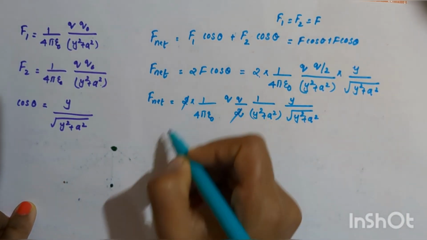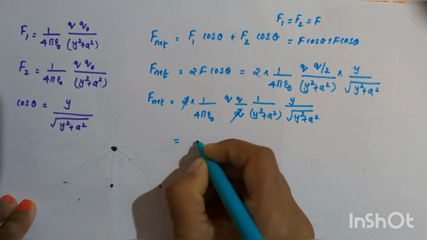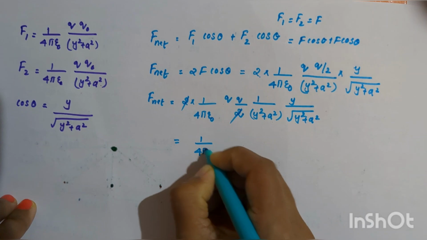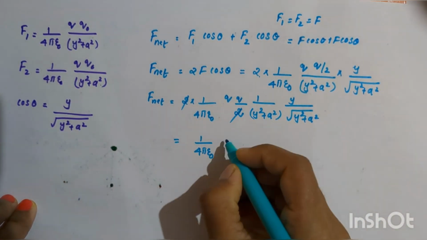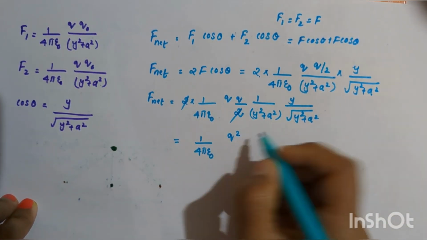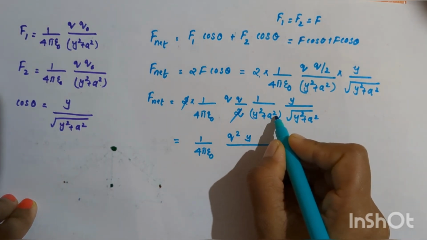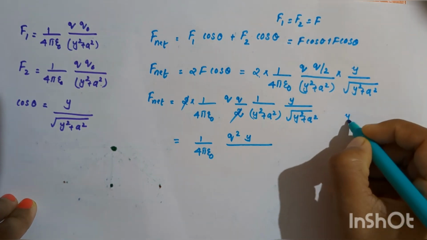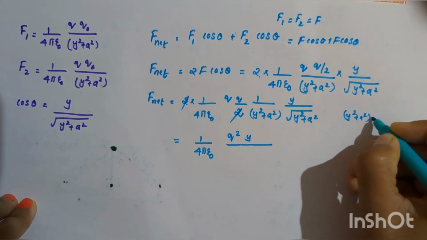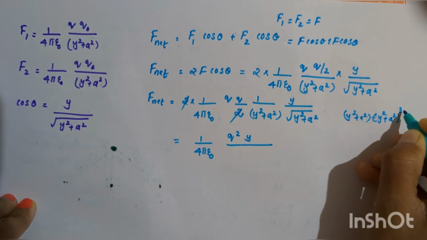You see this 2 and this 2 get cancelled. So this actually becomes 1 by 4 pi epsilon 0 Q into Q square, y divided by y square plus a square into square root of y square plus a square, which is y square plus a square all raised to 1 by 2.